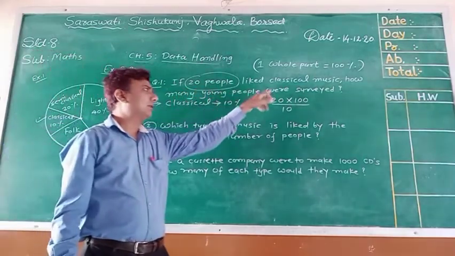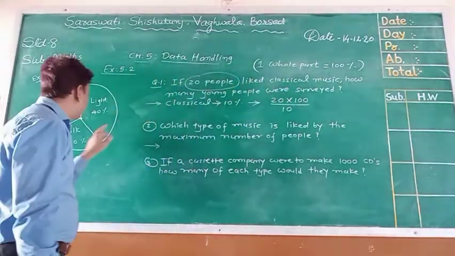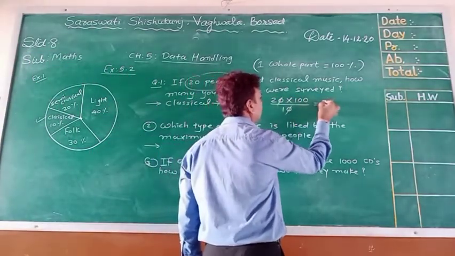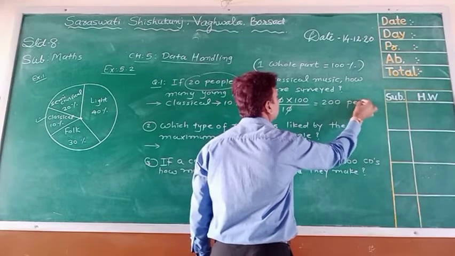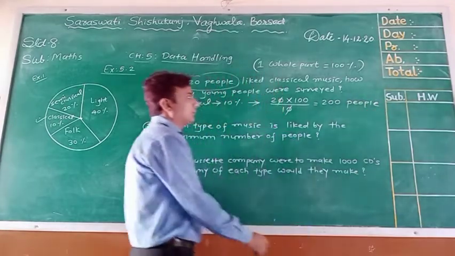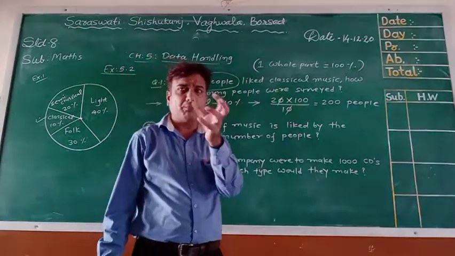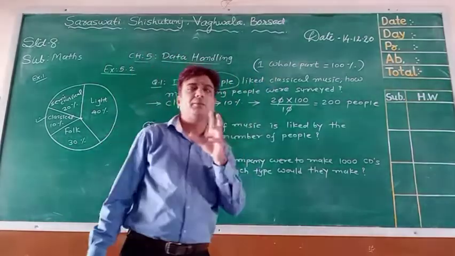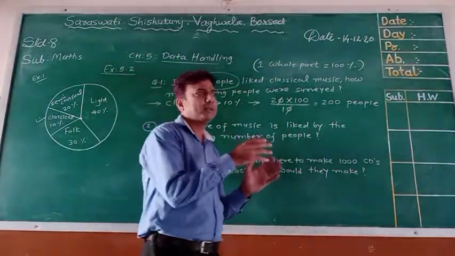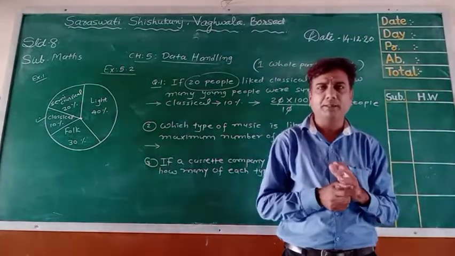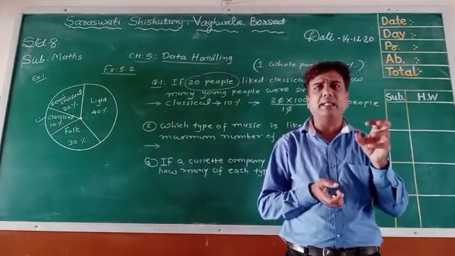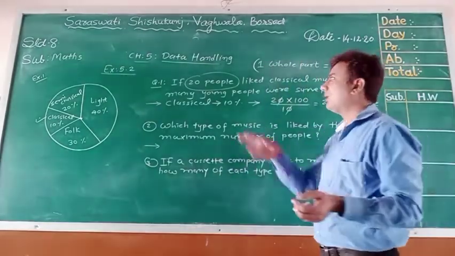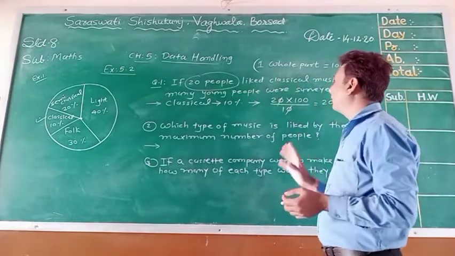Downside we write 10. The zeros cancel, so 200 people were surveyed. From that 200, 20 people like classical music. They surveyed people one by one, 200 people, and found that 20 like classical music.